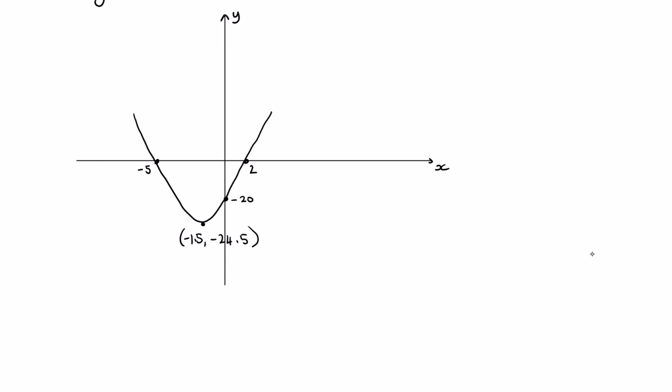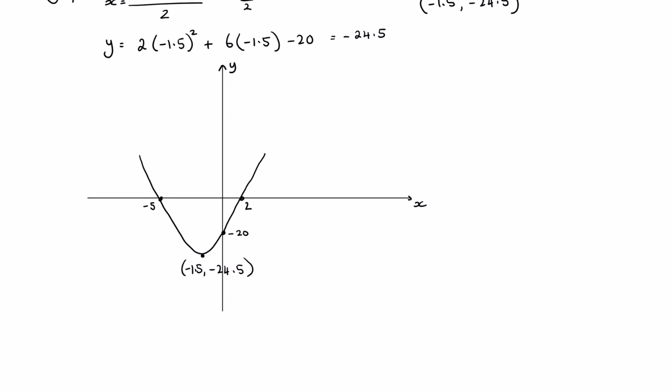The turning point has to start in the second quadrant, because it's at minus 1.5. And so it turns in the third quadrant, minus 1.5, and it has to be lower, and then it starts going back up again because the y-intercept is at minus 20.